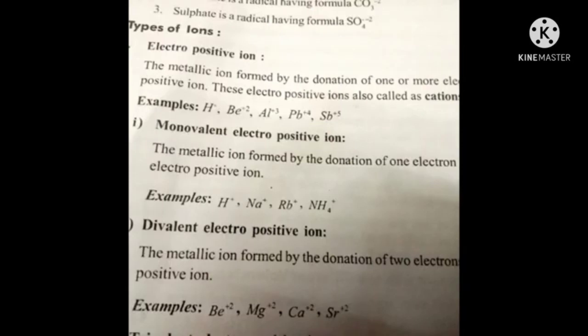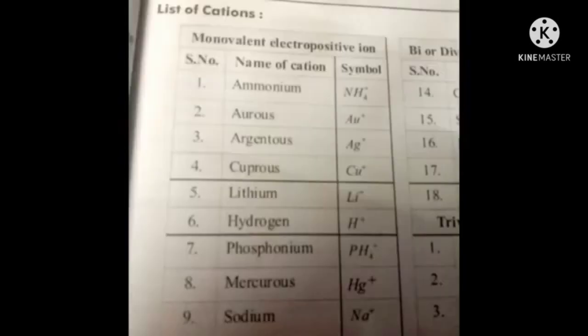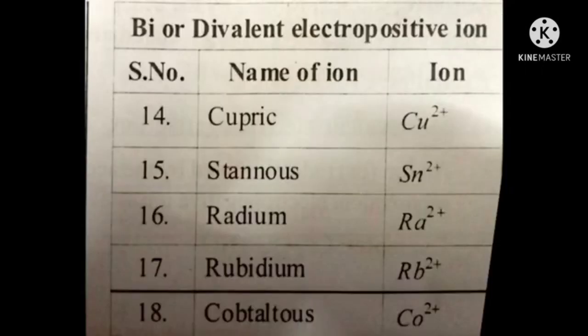Similarly, if an atom loses 4 electrons, it is tetravalent. 5 electrons, it is pentavalent. Like this, positive. See, here I am showing you, my dear children, names of cations. These are the examples of divalent: cupric, stannous, radium, Ra2+.